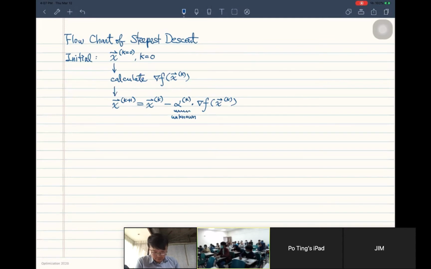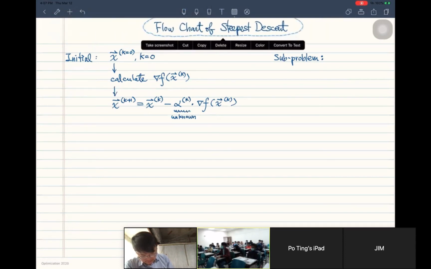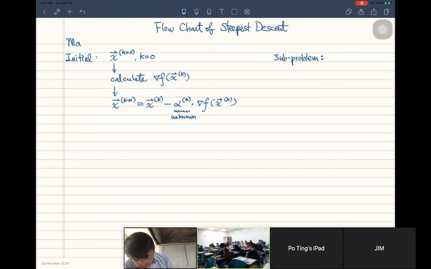Let me write it down in this way. Let me call this a sub-problem. So this is originally the main problem. This is the main problem. Okay, so we have a main problem and a sub-problem. In the main problem, we are minimizing f of x.